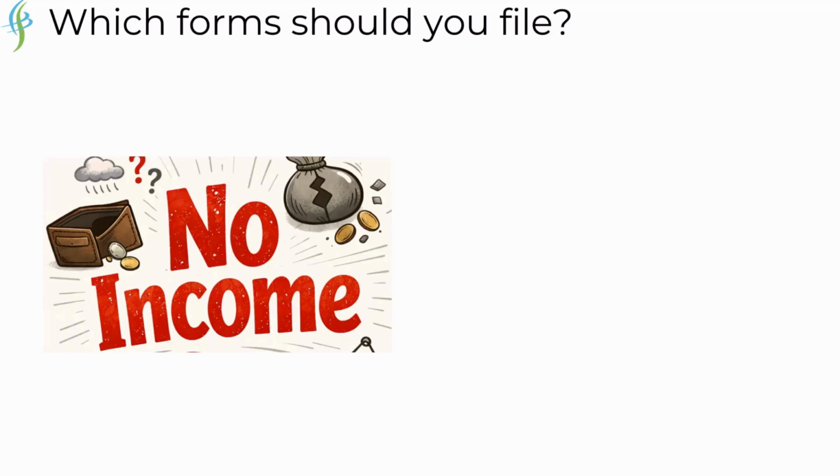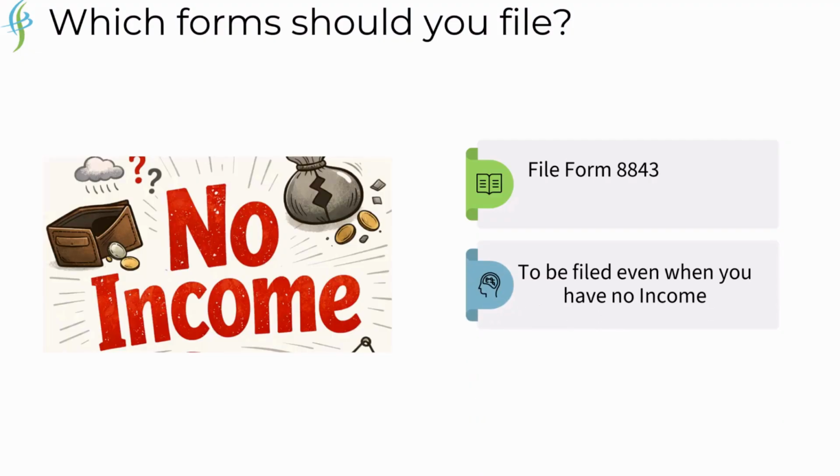Even then, there is a mandatory form that needs to be filed each year called Form 8843. This form gives details regarding the number of days that you spent in the US, your visa status, details of the university you attended, etc. This form is mainly an informative form and has nothing to do with your income and is therefore required to be filed for each of these 5 years when you satisfy all the 3 conditions that we discussed previously.